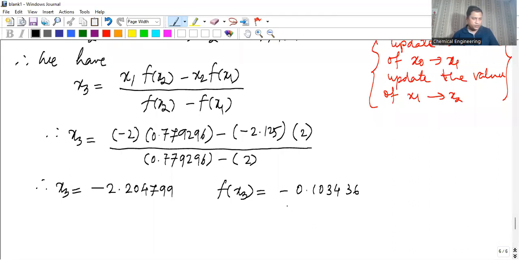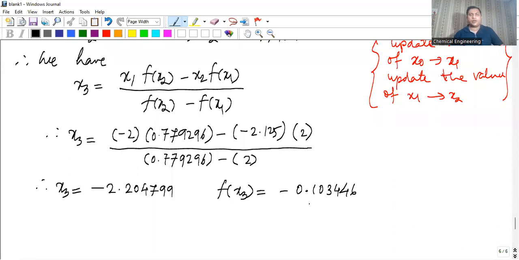This is 0.1034. You got 6 here. What is the value you are getting? F of x3? 0.103446. Okay, this is what you are getting, right?